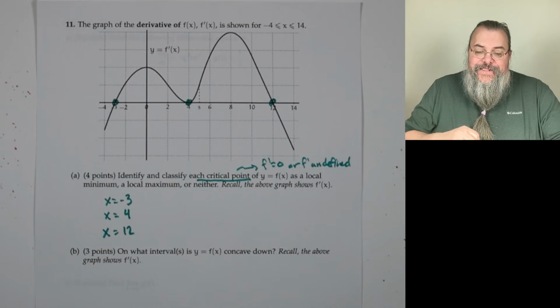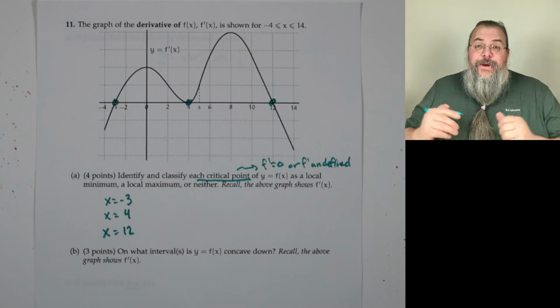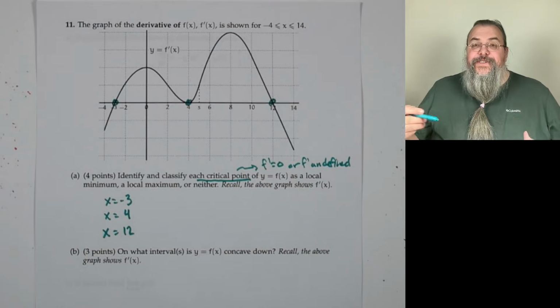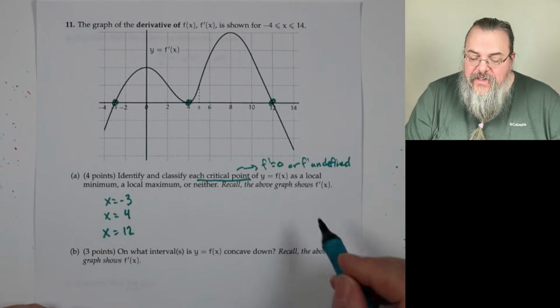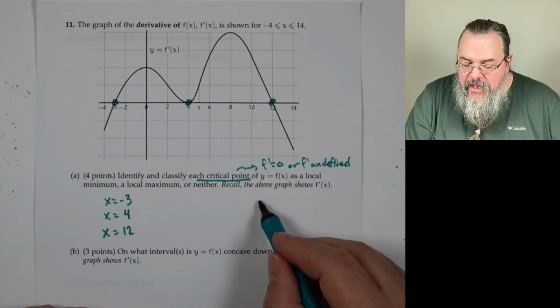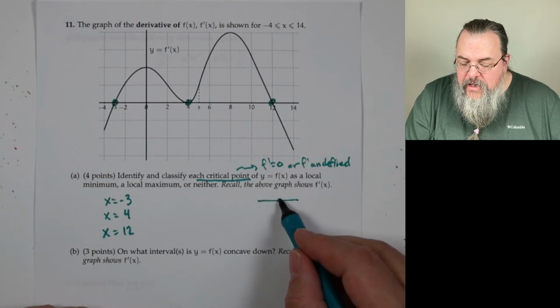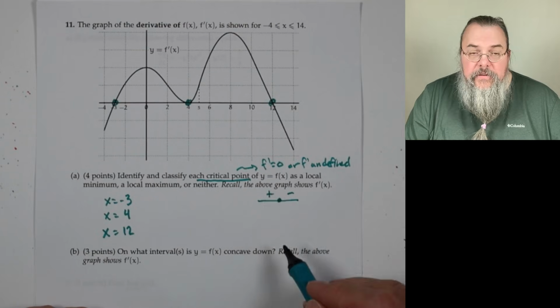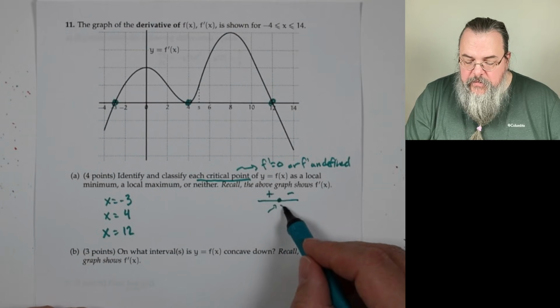But we got to do the classify. So, how do we classify? Well, we have the first derivative, so let's do the first derivative test. So, what's the first derivative test? Well, if you have, let's say, positive, negative, that means you're going up, down.